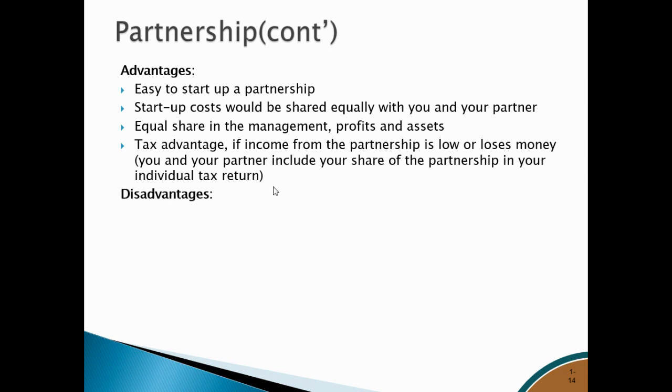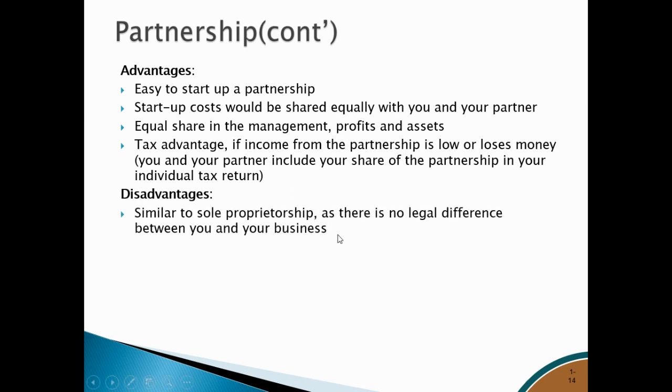Okay. So let's look at the disadvantages. Similar to sole proprietor, we talk about unlimited liability, which means there is no legal difference between a company and the owner. This is only for sole proprietor and partnership.